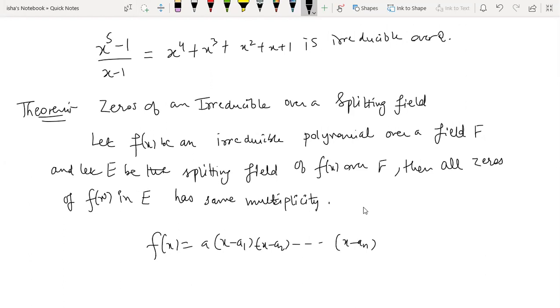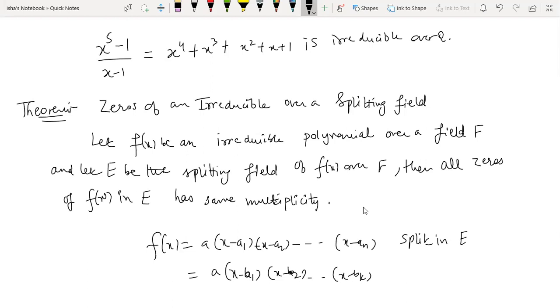So it will split into linear factors in the splitting field E. So now what we are saying is, ठीक है, या तो सबकी multiplicity 1 होगी, सभी simple zeros होंगे, but अगर multiple zeros हैं तो उनकी multiplicity same होगी. देख a1, a2 इन सबकी multiplicity same होगी. Means x minus b1, x minus b2, and bk, let me just denote it by b1, b2 and bk. ये होंगे इन्हीं में से ही, but a1, a2, an may not be distinct with each other.